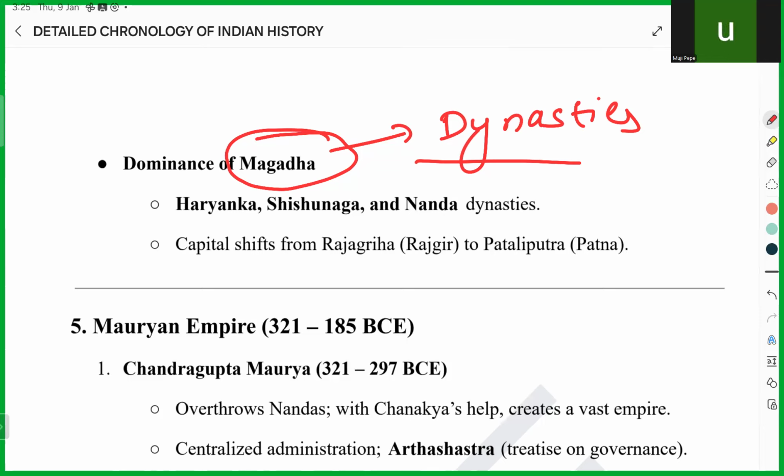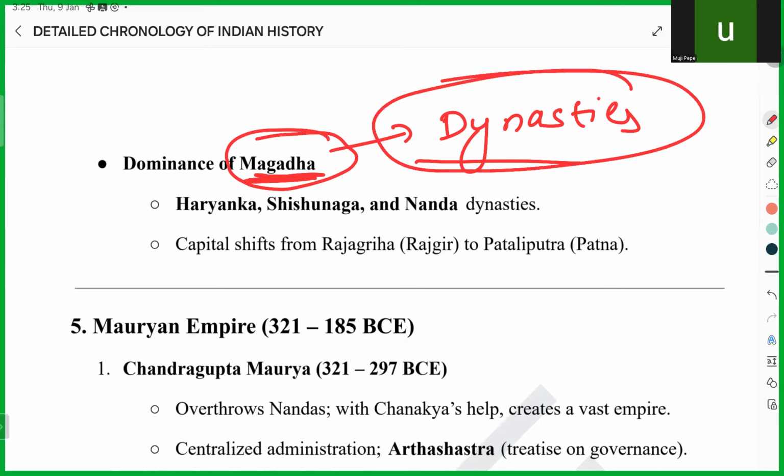So different people are there. So just think of it like this: there is an empire and different people at different times were leading this empire. And yes, this was the first true empire from India, the Magadha Empire.